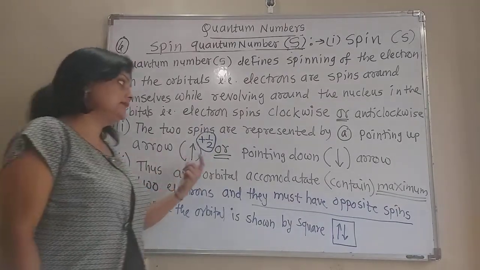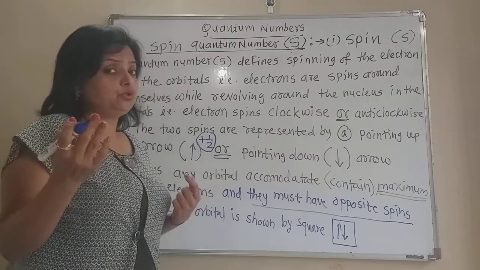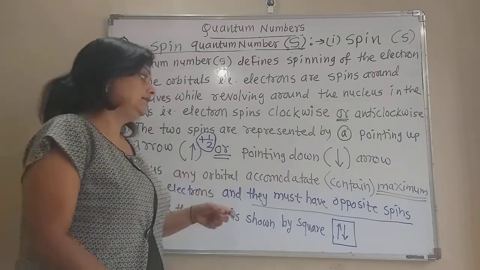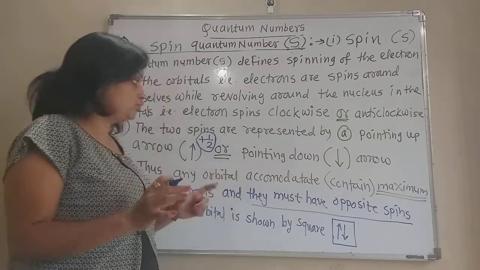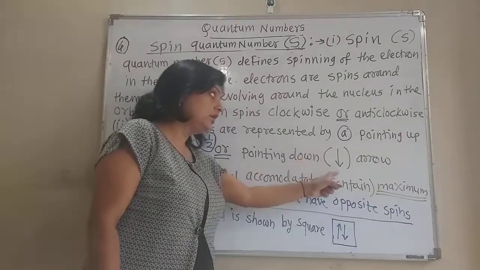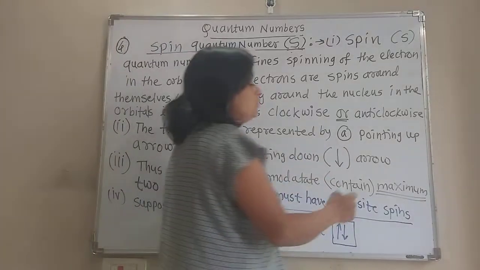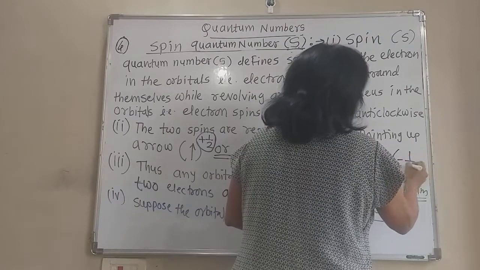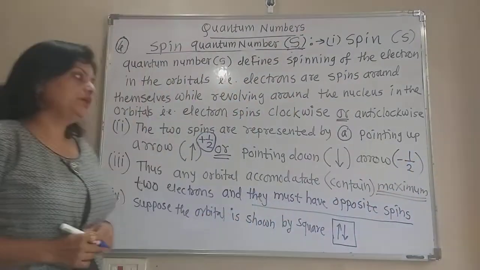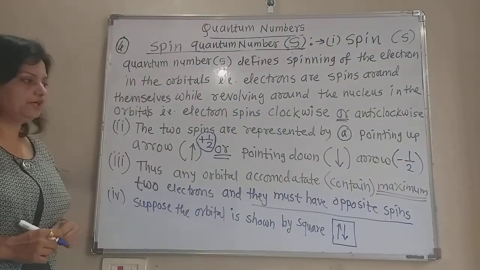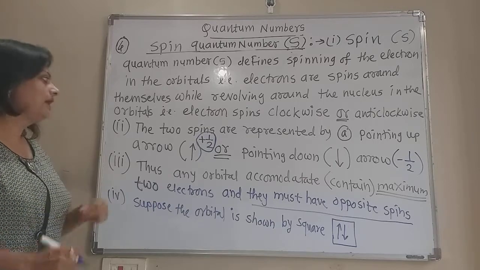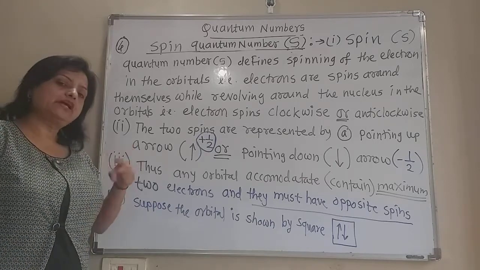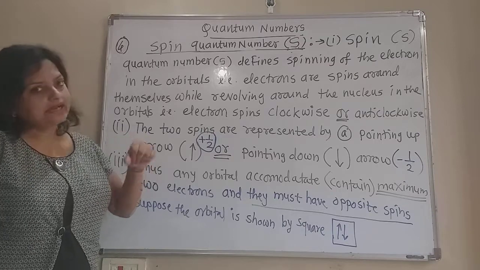If they are spinning in the anti-clockwise manner, then the electron is shown by the pointing down arrow, and this pointing down arrow has the value minus half. That means the spin quantum number has only two values, plus half and minus half.